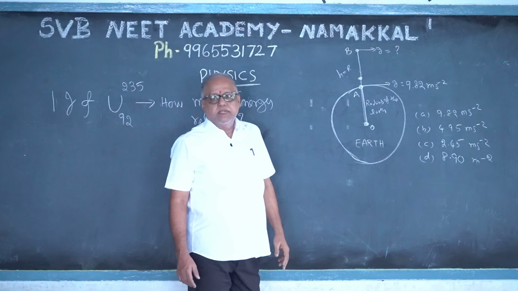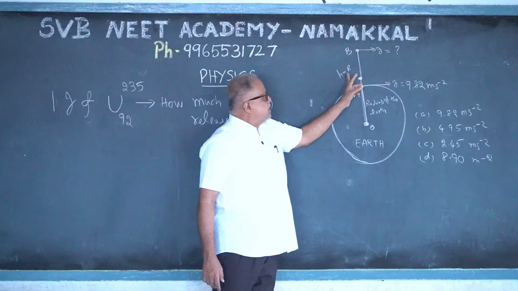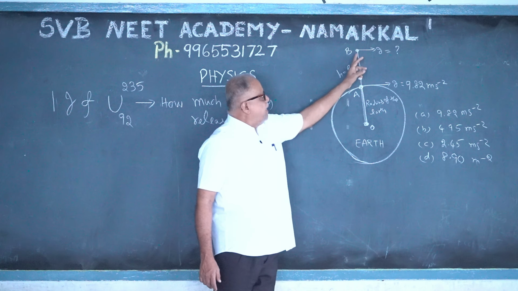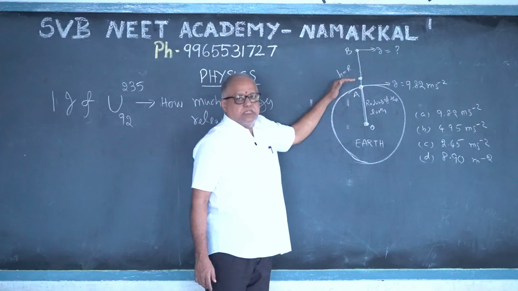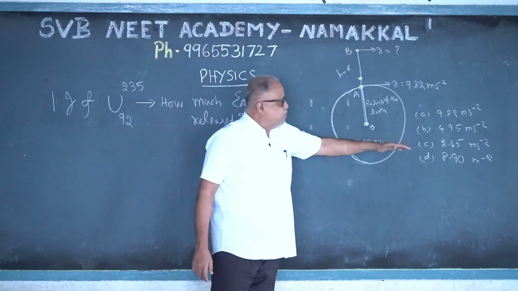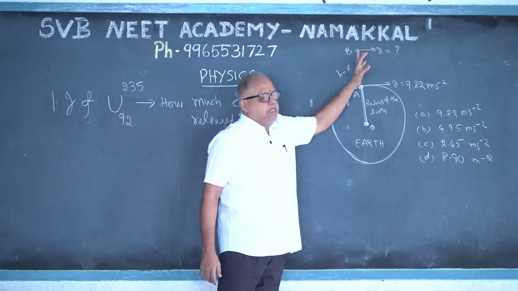The condition is h is equal to R, where R is the radius of the earth and the height of the satellite from the surface of the earth is h is equal to R. In that condition, they are giving four options.